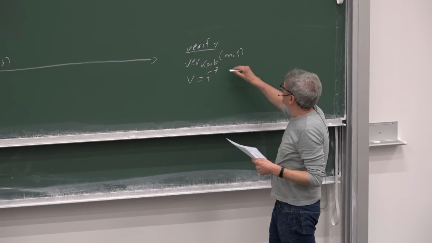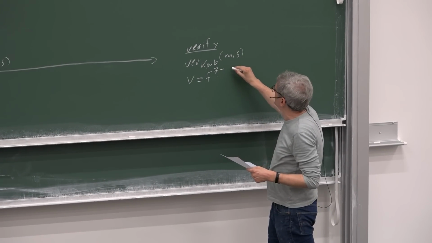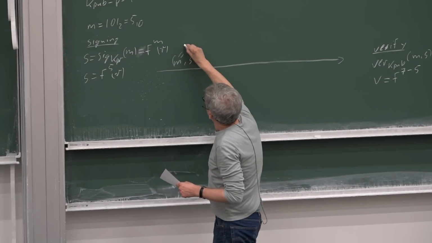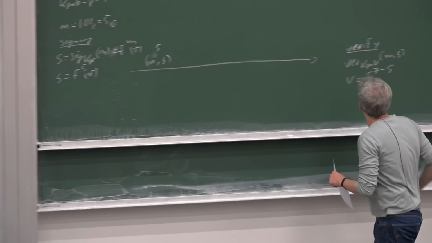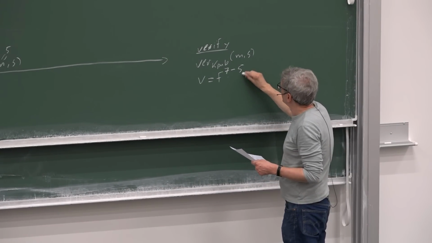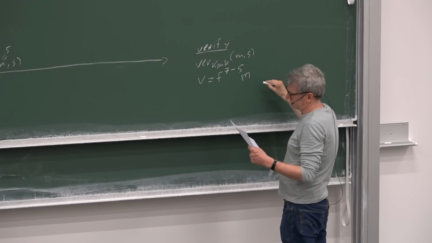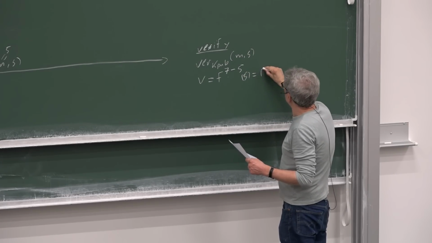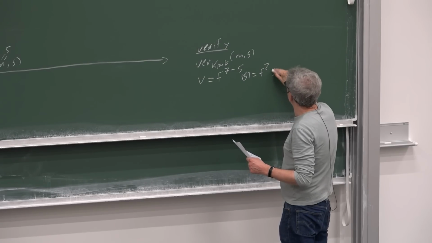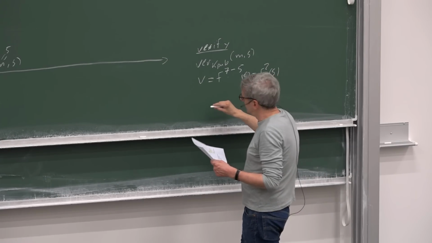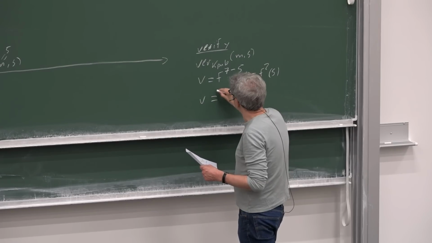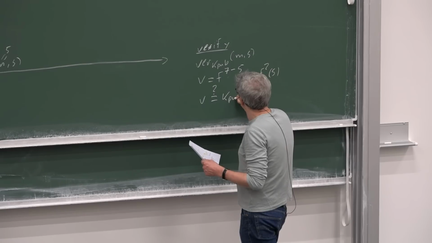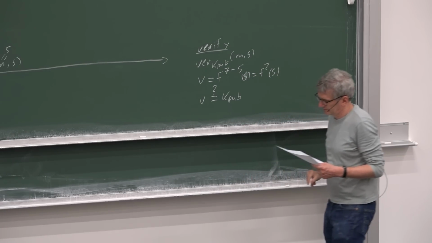f to the 7, now we have to subtract the actual value of m, which is 5 here, right? Of S, sorry, of S. So this is f square of S. And then Bob checks, is this auxiliary variable V equal to K public?